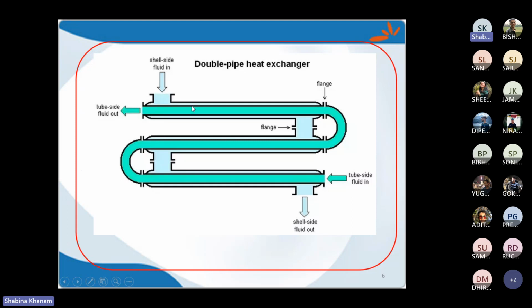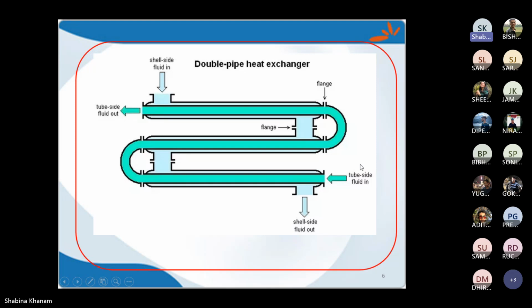One is inside the inner pipe, and the second is outside the inner pipe and inside the outer pipe, which is nothing but this annular space. One fluid flows inside the inner pipe, and the second fluid flows in the annular space, as you can see over here.